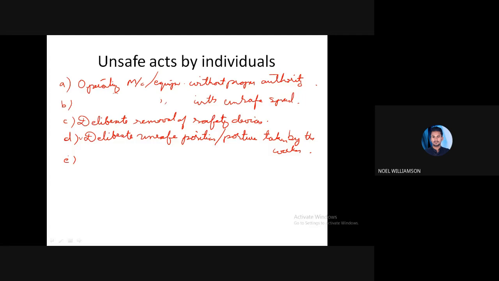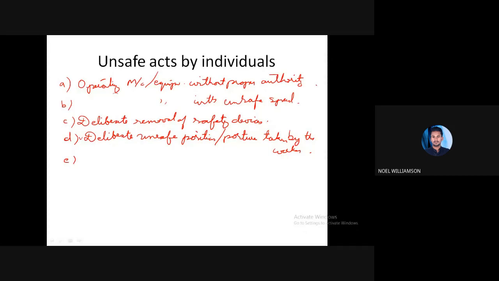And finally, unsafe practices adopted in loading, placing, mixing, handling, etc. For any procedure or process, there are many sub-processes like loading, placing, mixing. For each procedure, sometimes we adopt certain unsafe practices.